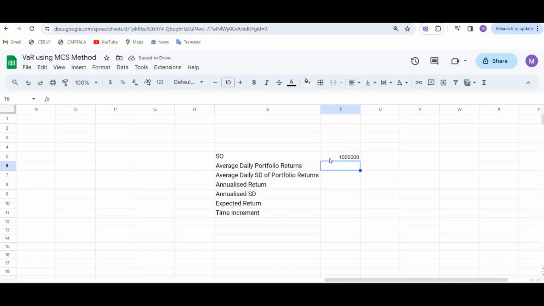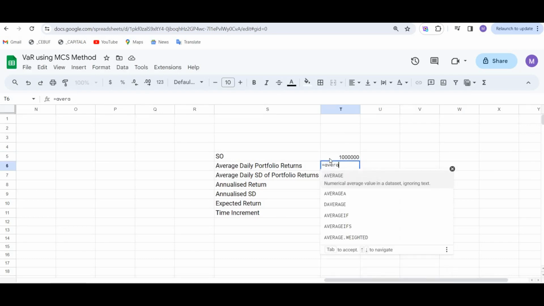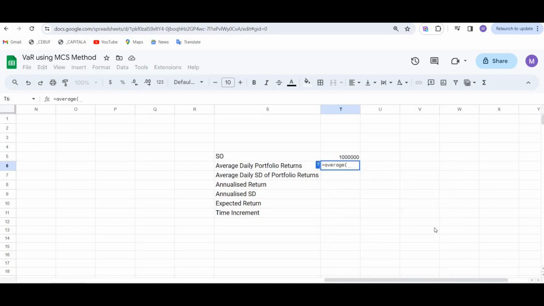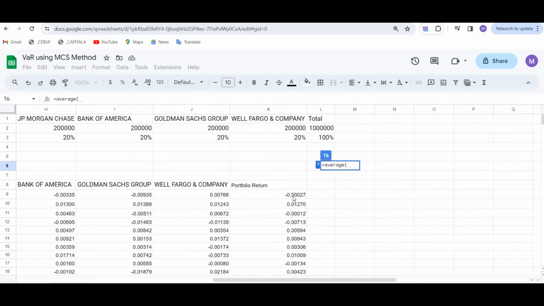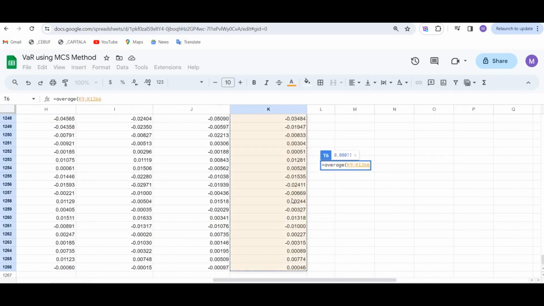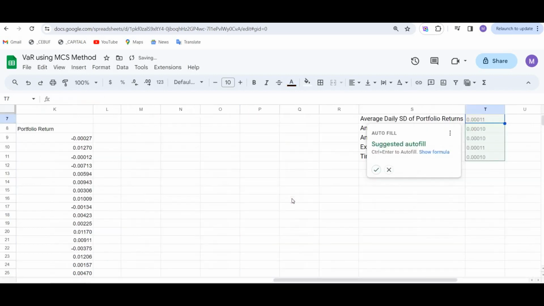Average daily portfolio returns is equal to AVERAGE of the whole portfolio returns. So let's close the bracket, enter.